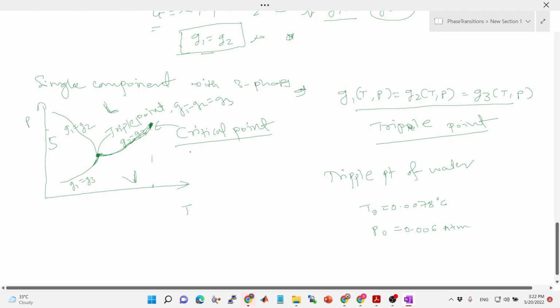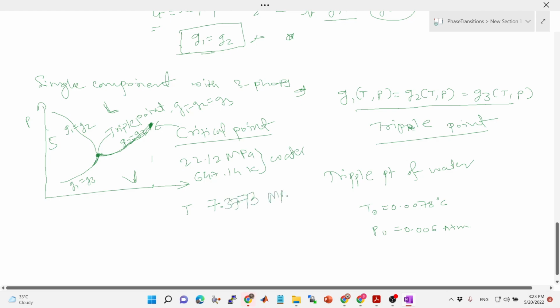And the critical point for water is around 22.12 megapascal and 647.14 Kelvin. This is for water. Remember, the critical point is the point beyond which liquid and vapor or gaseous phase becomes similar. There is no distinction.